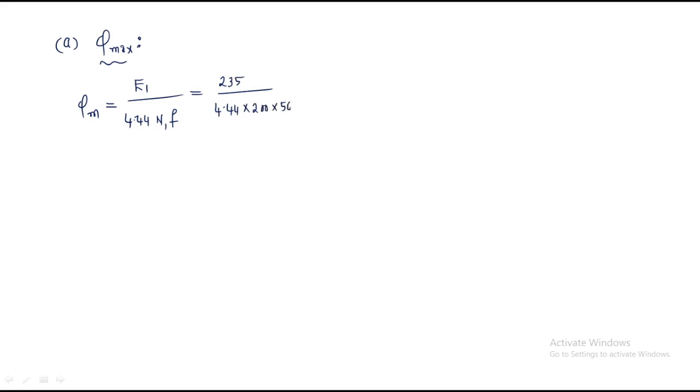The first one, phi max. What is the formula? Phi max equals E1 by 4.44 into number of primary turns into F, which equals, with the given EMF, 235 by 4.44 into N1, which is 200, and frequency is 50.